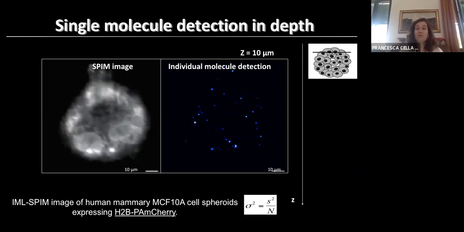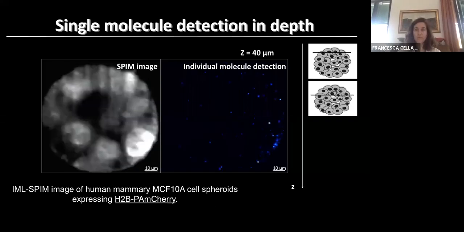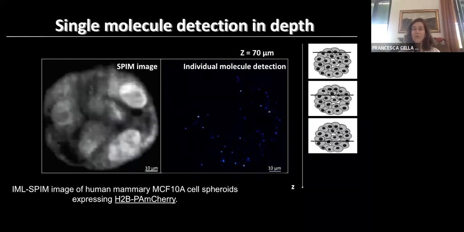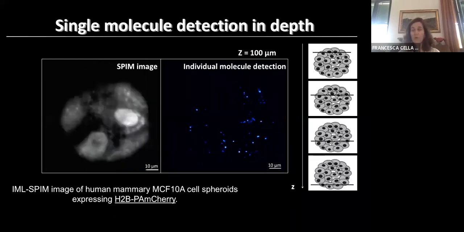First, we can test what happens along the detection side. We can move within our mammary cell spheroid and check the performance in localizing molecules. For example, in this case, we are 10 microns within the sample. Here we are 40 microns, 70 microns, and 100 microns within the sample.